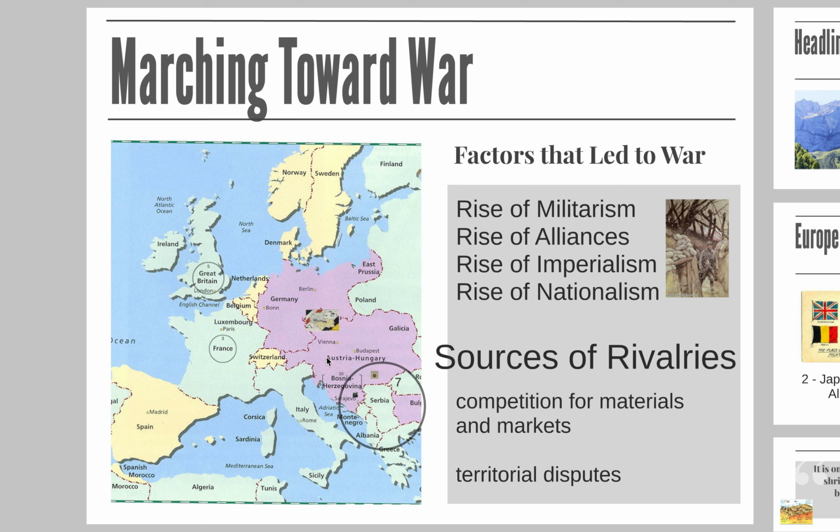So Germany, Austria, Italy became known as the Triple Alliance. So that was the alliance between Germany, Austria-Hungary, and Italy. So you can write that in for the definition. The Triple Entente, composed of a union of Russia, right here, you can't see it labeled, but this is Russia, France, and Great Britain. So for the definition Triple Entente, it was the union between Britain, France, and Russia.